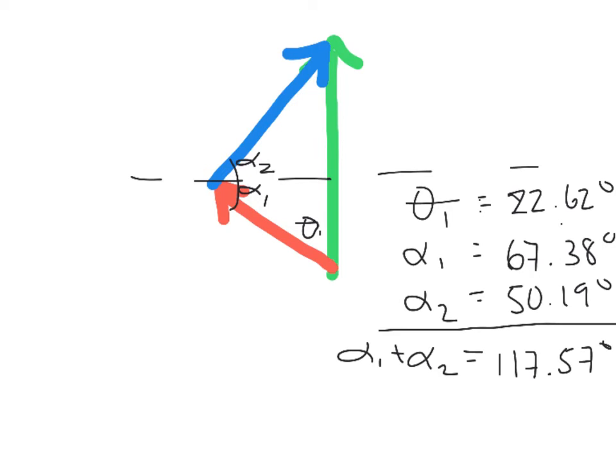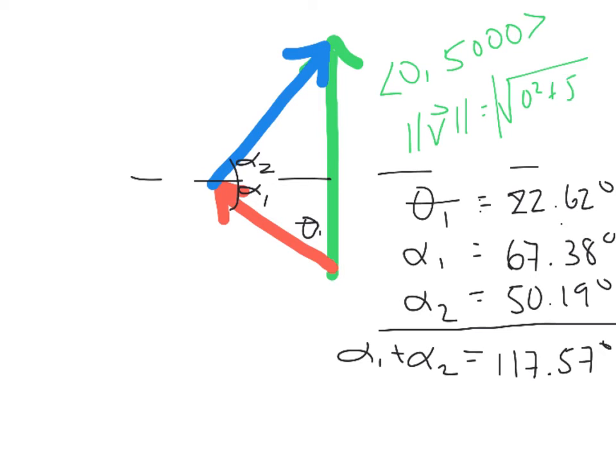Now, remember, this vector is 0, 5,000. What is the length of that vector? Well, the magnitude of that vector, we'll call it b, equals the absolute value of the square root of 0 squared plus 5,000 squared, which is the square root of 5,000 squared, which is just 5,000.